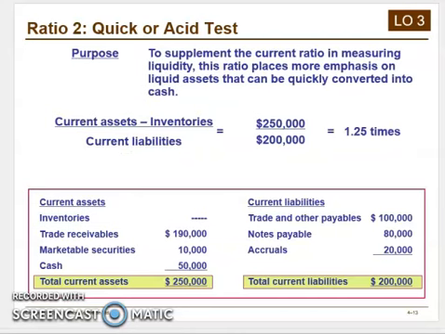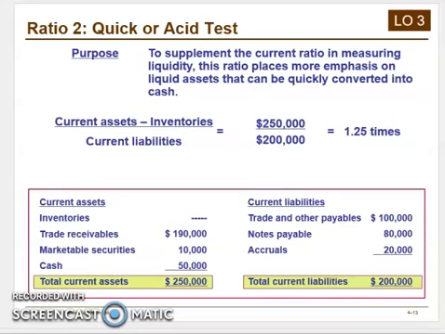The reason is that it does take a while to turn inventory into cash. First, you have to sell that inventory, and then it becomes revenue, but of course it becomes accounts receivable. And then once it becomes accounts receivable, within approximately 30 days it will be converted to cash.